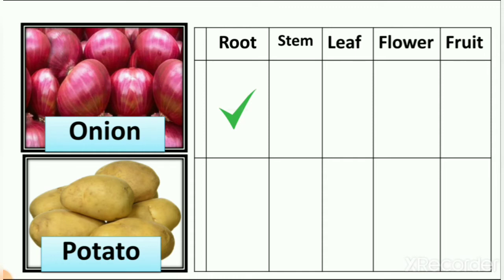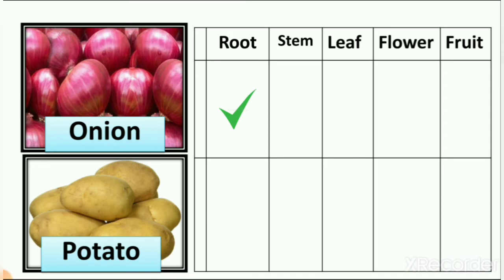So what do we have to do here? Here we have 5 parts of the plant: root, stem, leaf, flower and fruit. We have to tick mark the right one, whether the vegetable or fruit is a root or stem, leaf or flower. So first is onion. Onion is a root of the plant. So in the other 4 columns what do we have to do?